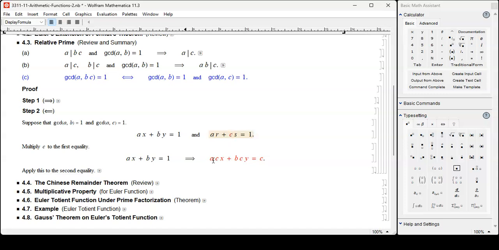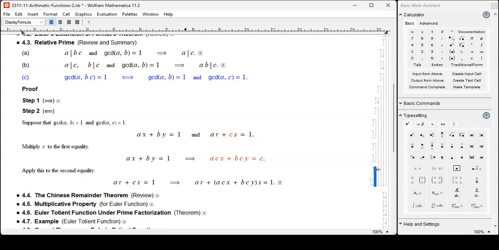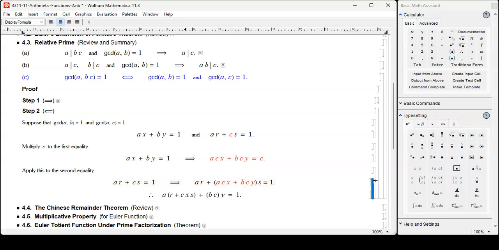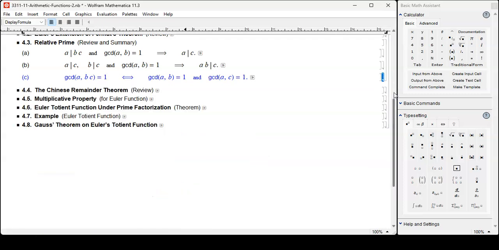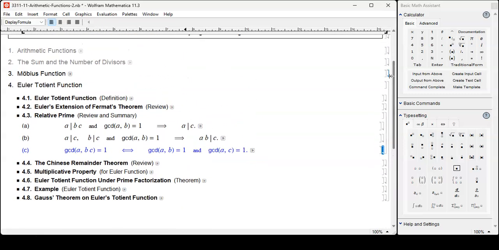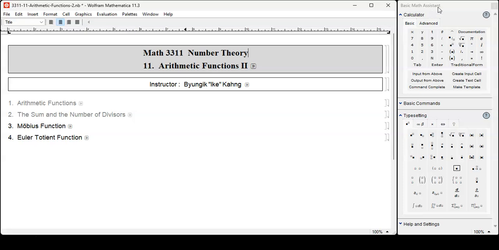Instead of c, I put acx plus bcy, as I highlighted in red here, and then manipulate, and you're going to get what you want. So we have the proof for both directions. In any case, please remember this. This is going to become important. A and b times c are relatively prime if and only if a and b are relatively prime and a and c are relatively prime. Remember that. We'll use it pretty soon.